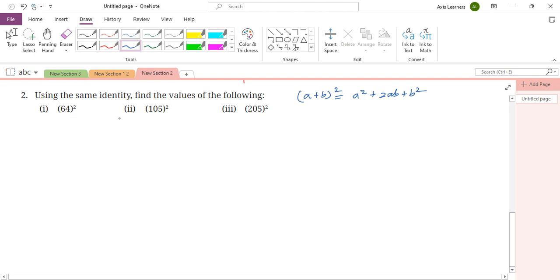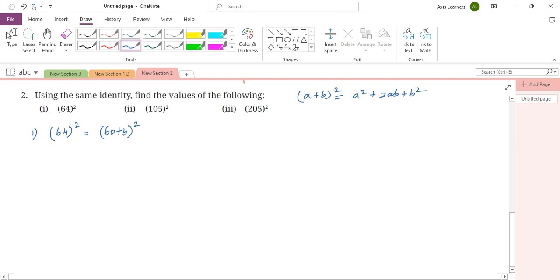We can multiply it by getting 64 into 64, but we need to use the identity. So how can we split this 64? 64 can be split as 60 plus 4. More ways are there, but if you take one as a multiple of 10 and another as a multiple of 1, then it will be simple. So (60 plus 4) the whole square.